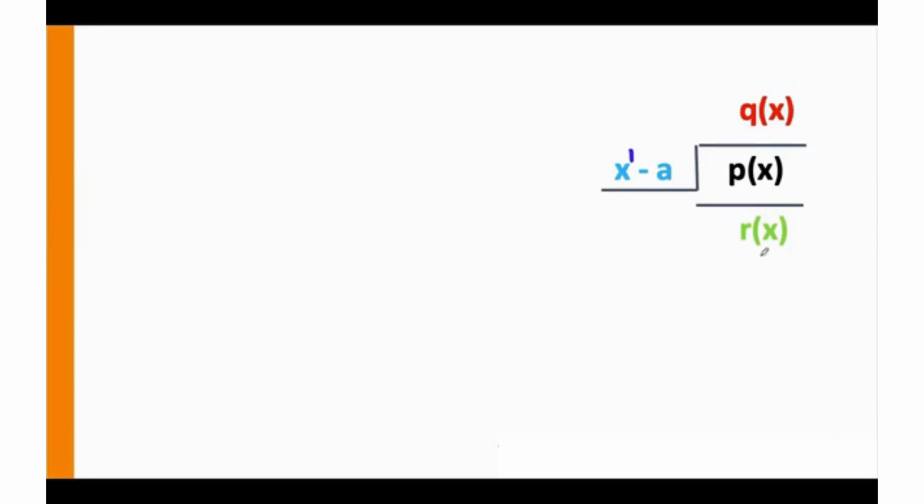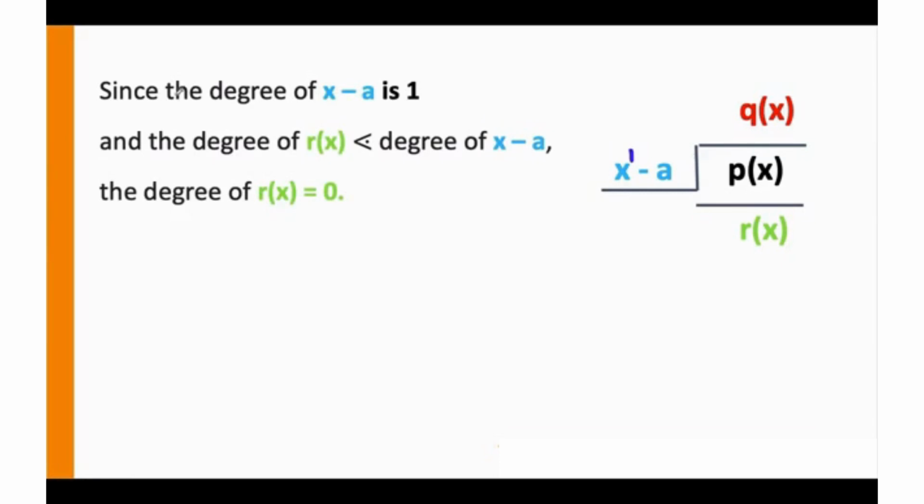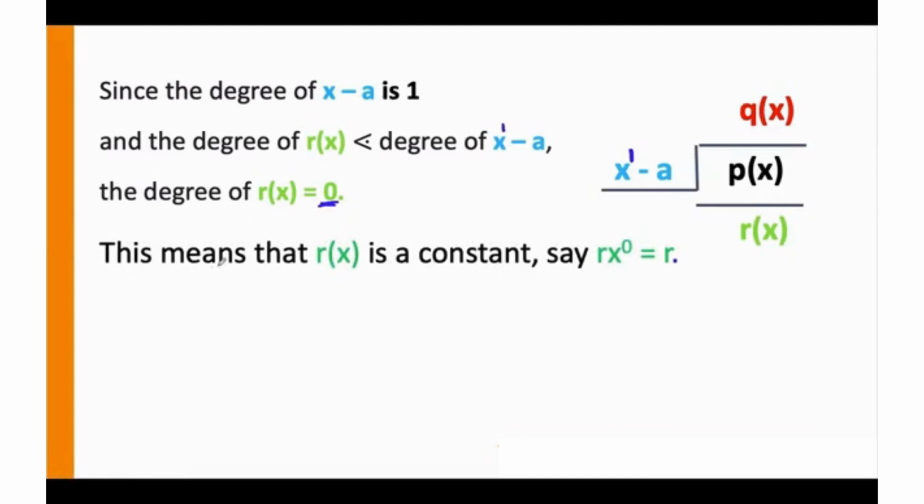Since this is 1, the remainder can only have 0 as its degree. So since the degree of x minus a is 1, the degree of the remainder has to be 0. And if the degree is 0, then the remainder is a constant. This means that r of x is a constant polynomial.